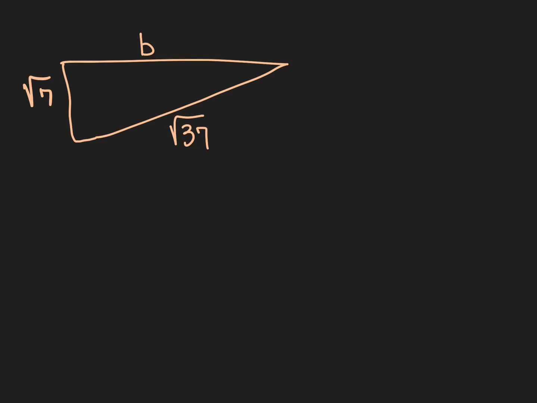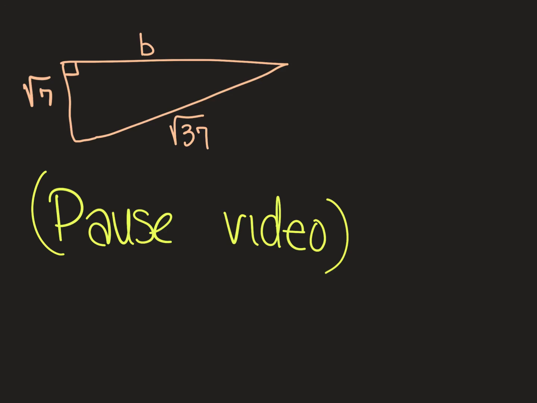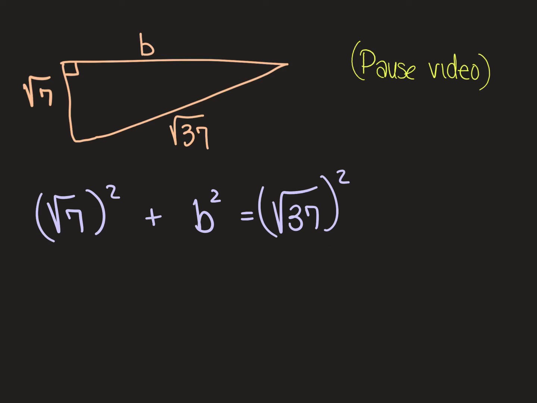All right, you try this one by yourself. Find the missing leg. First line says square root of 7 squared plus b squared equals square root of 37 squared.